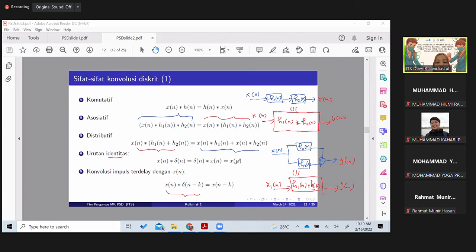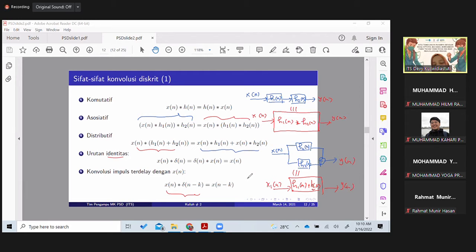Nothing happened. It's just like multiplying x[n] with 1. And if you convolve x[n] with the shifted unit impulse, the result is exactly the same as x[n], only shifted k samples to the right.